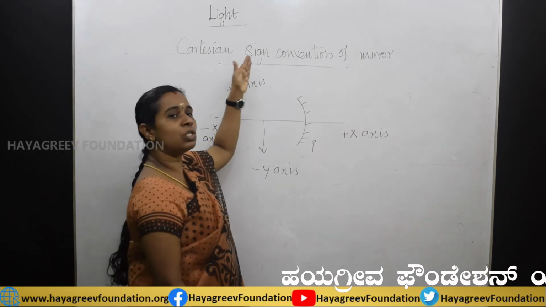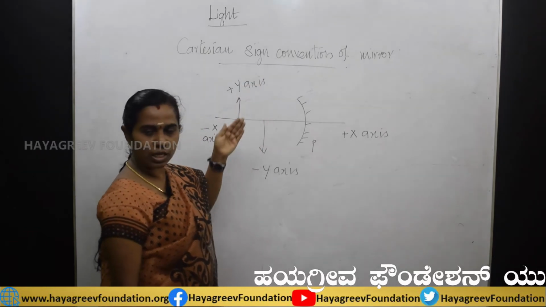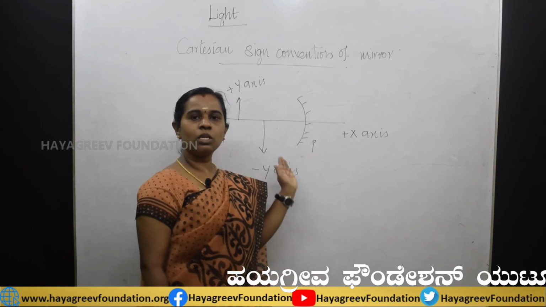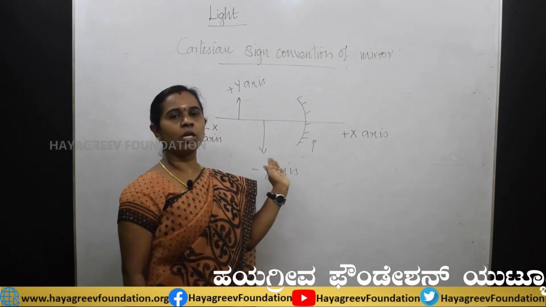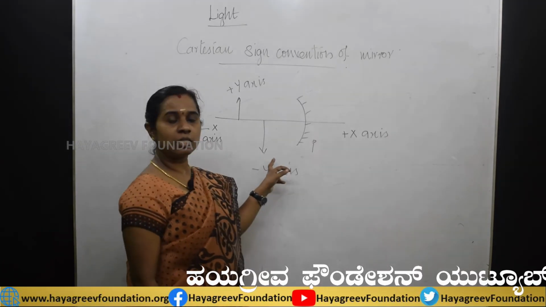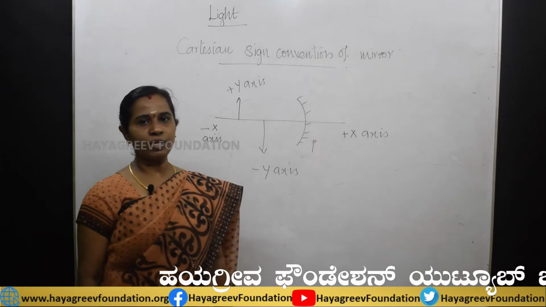Height measured upward of the principal axis is positive, downwards of the principal axis is negative. So these are the important Cartesian sign conventions for mirrors. The same sign convention can be used for both concave and convex mirrors.